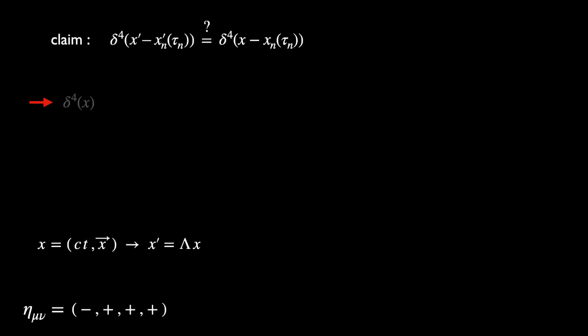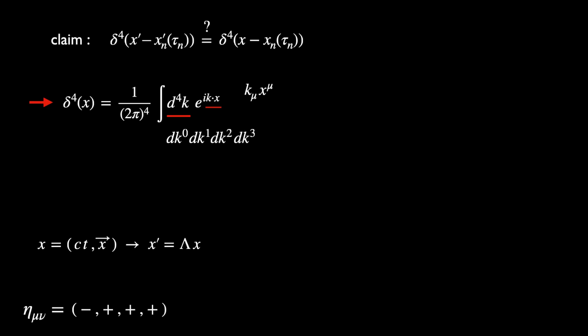The key is starting with the integral representation of the delta function. This is a relativistic dot product. k is a 4-vector, and its components are the integration variables. The range of the integrals runs from minus infinity to infinity.